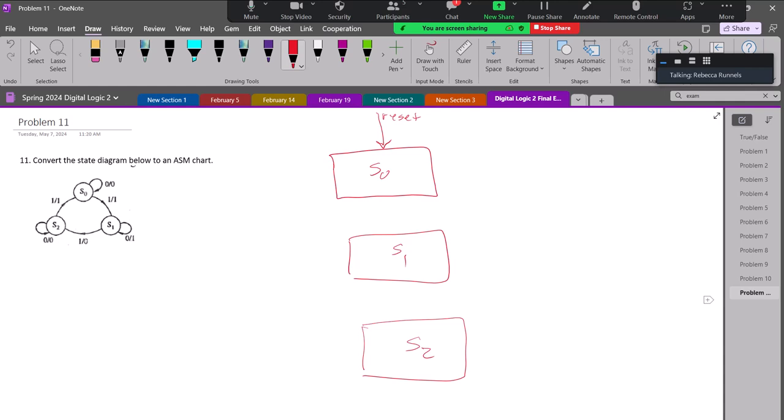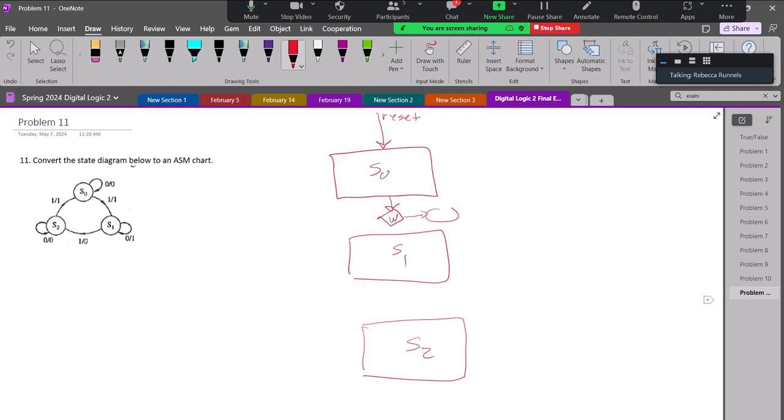For S0, I make a decision, and the decision goes in a diamond. I just made up a variable name for that. If W is 1, I go to S1, and my output is 1.